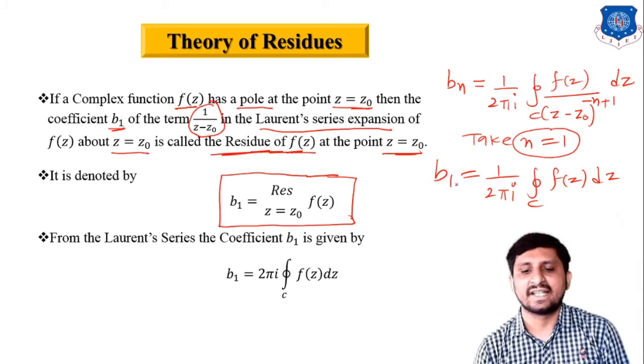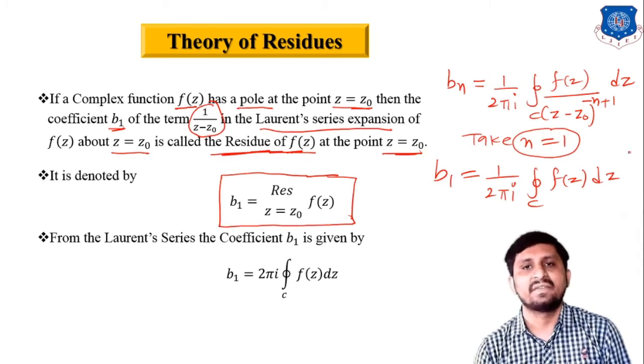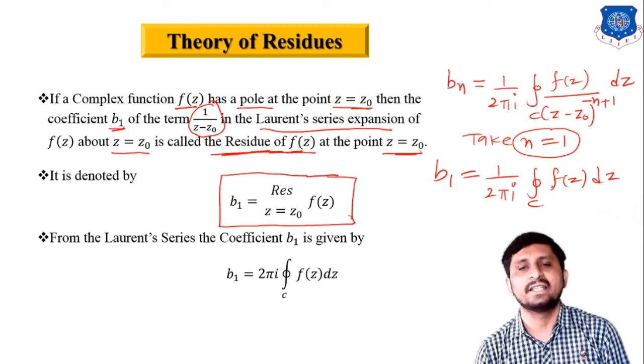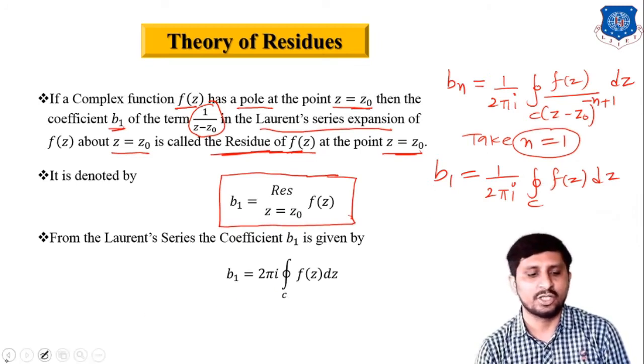That's why we can say that residue is nothing but 1 upon 2 pi i integration of f of z dz over the contour c. And if you want to find the value of this integration, that is nothing but 2 pi i into b1. So remember this interesting formula.